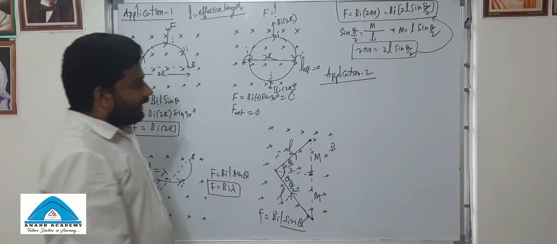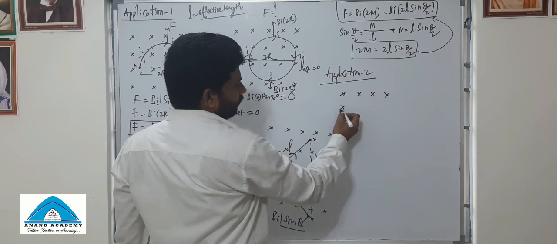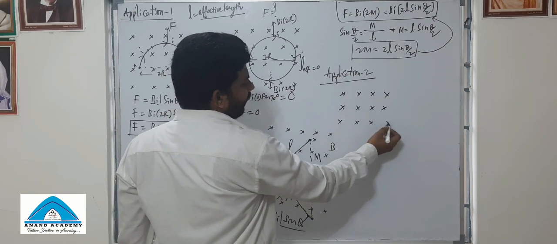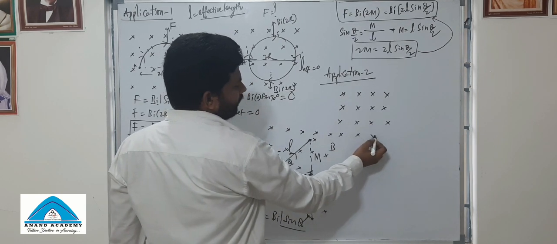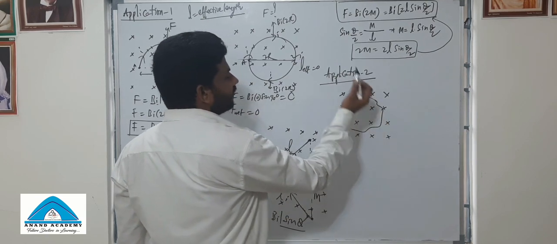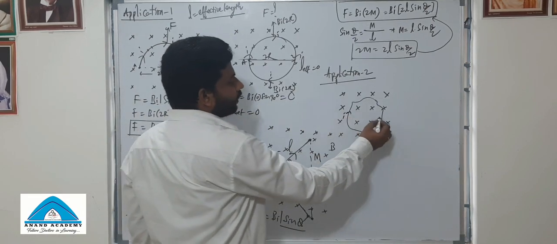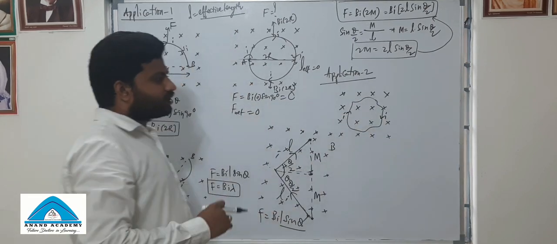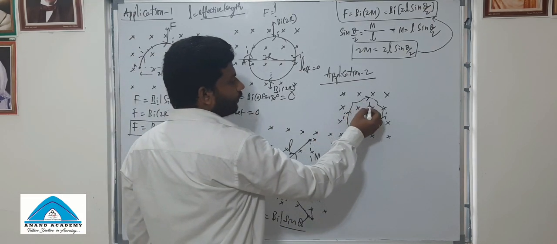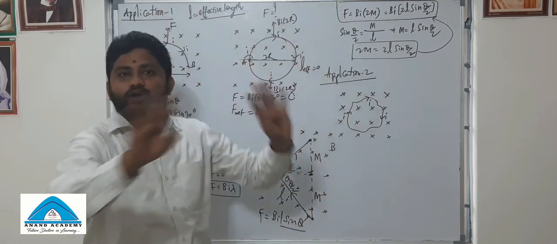Imagine we have an unknown shaped wire or a thread which is placed here, through which a current I is flowing. And you know definitely the net force acting on this will be 0. So that is for sure.